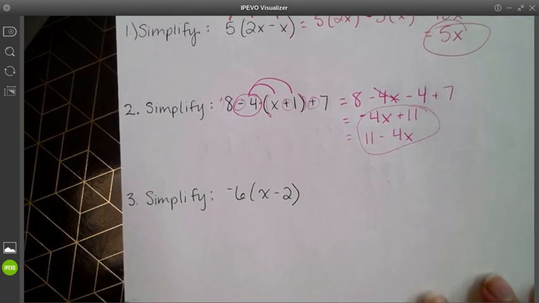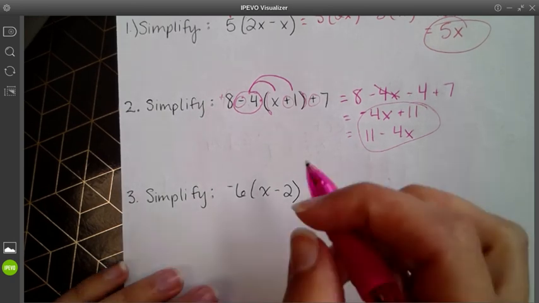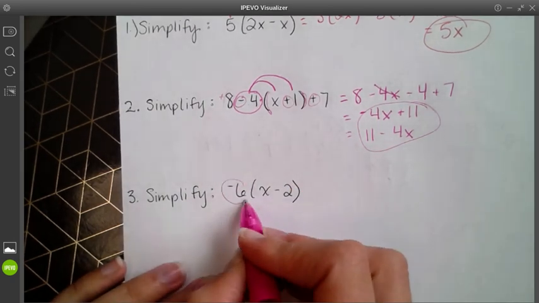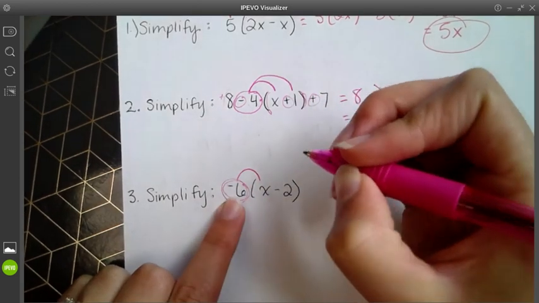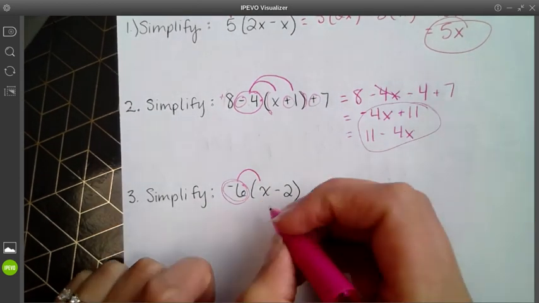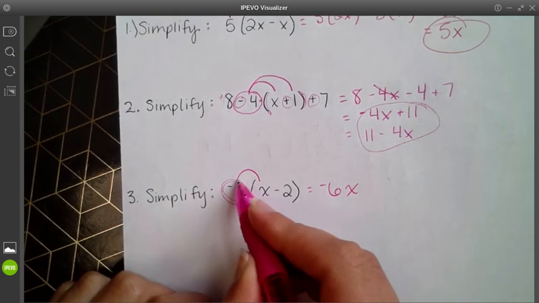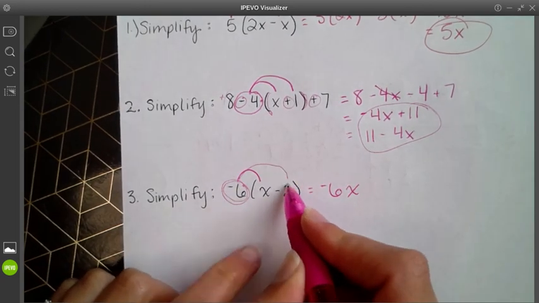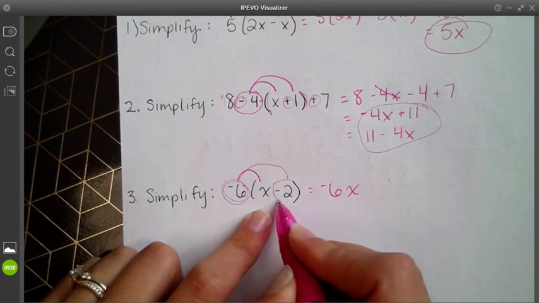Last example, simplify. Negative 6 times x minus 2. Distributing, okay? Remember, this negative, that's being tacked on to the 6. So, negative 6 times x, well, that is negative 6x. Negative 6 times, this subtraction is also tacked on to this 2.